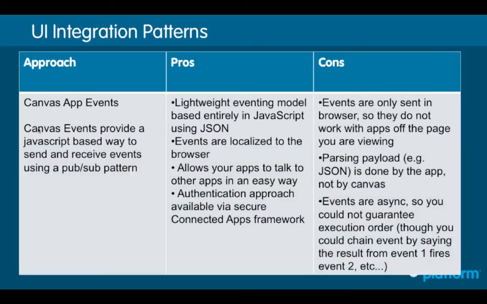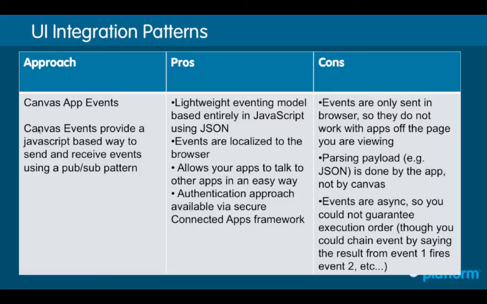So the next approach we're going to touch on is that the console supports Canvas. We're not going to go too deeply as it's covered pretty extensively throughout the developer community, but a clear advantage of leveraging Canvas is that an authentication approach is available to you via our connected apps framework.